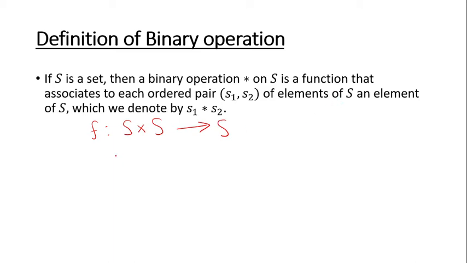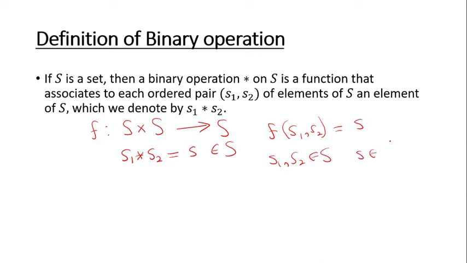So let's say we took s1 and s2 from this set S, and if I apply this star operation to s1 and s2, I will get something which lies in the set S. You can write this in function form also: s1 and s2 belong to S, and s1 star s2 belongs to S. I think that is clear for you.